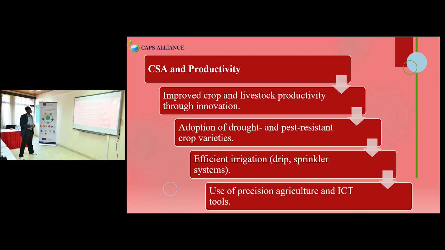Now, we have improved crop and livestock productivity. We are not only talking about crops, we also talk about animals. You talked yesterday, there was somebody who talked about flies in tomato. Were you the one? Yes. And those flies are very expensive, is it? Yes, very, very expensive. So from one tomato, you produce about maybe 10 flies. One fly costs how much?